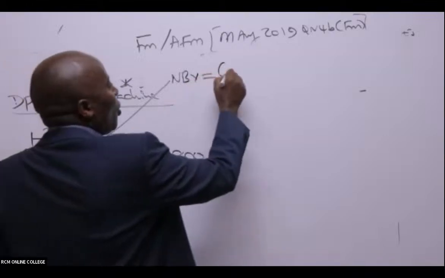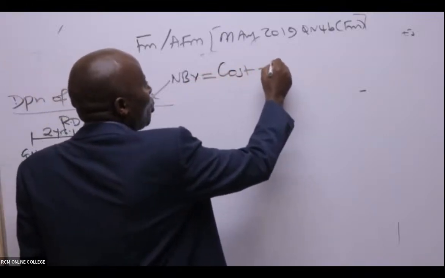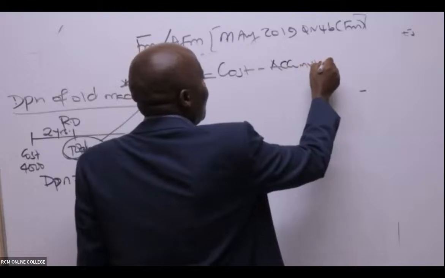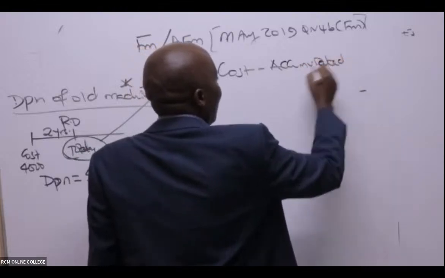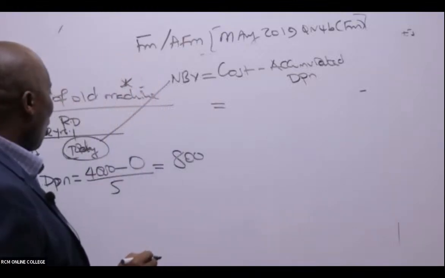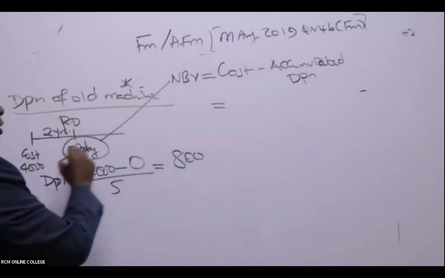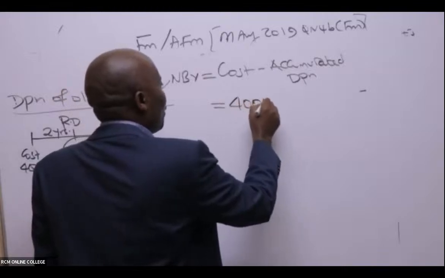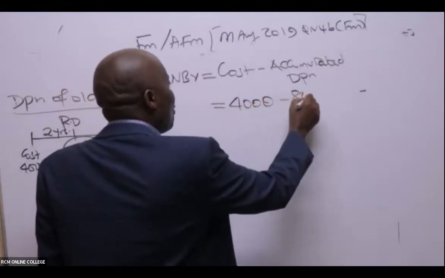It will be the cost minus accumulated depreciation. The cost was 4,000. Depreciation is 800 per year.